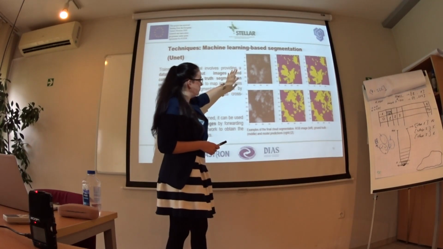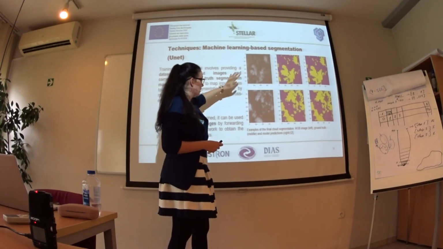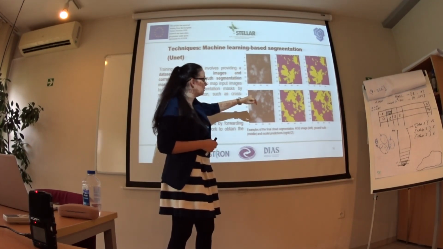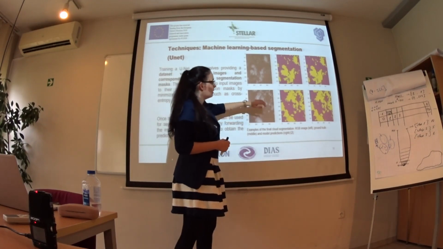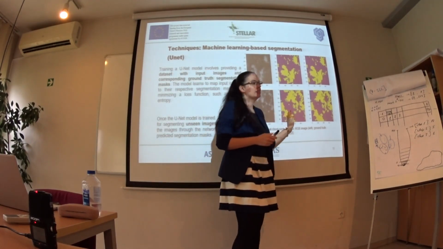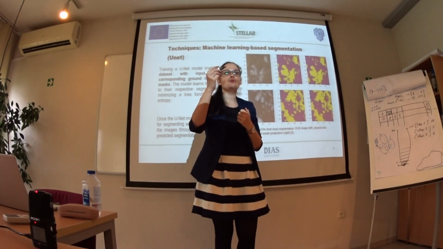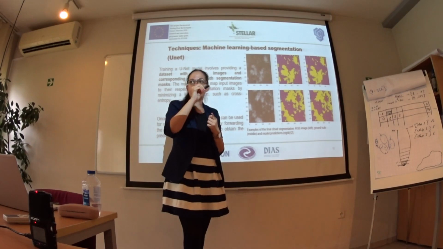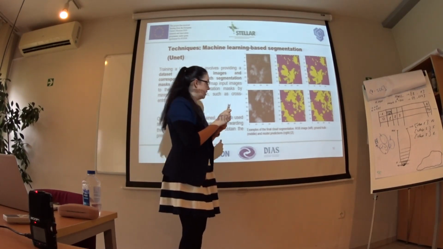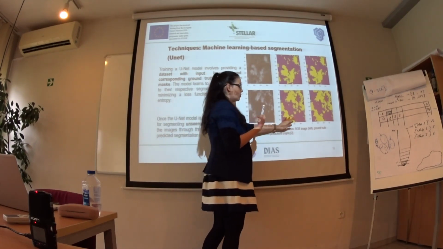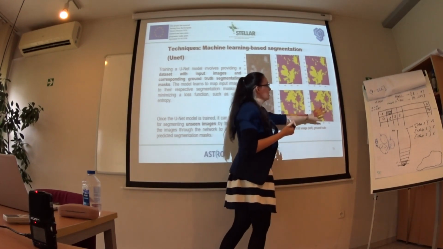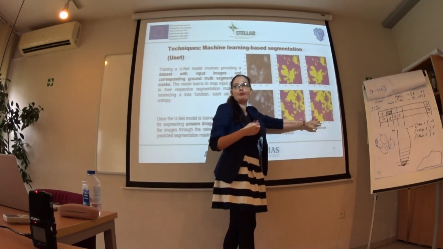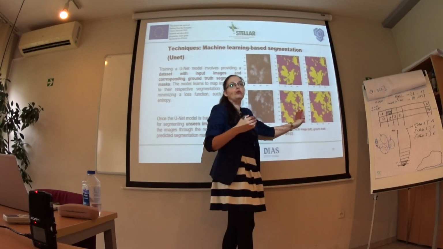It is an RGB image, the ground truth, and after that the model prediction. Ground truth means that somebody tried to find what is the pattern of this particular object. And after that, the machine will try to segment the same pattern as you learned.